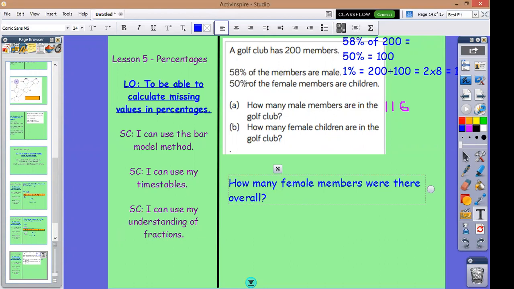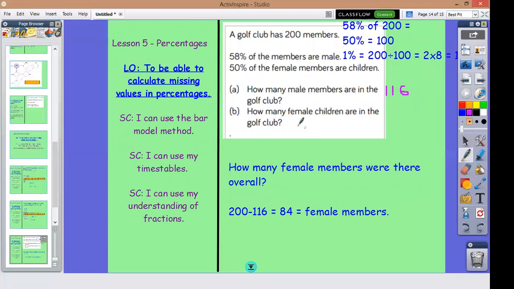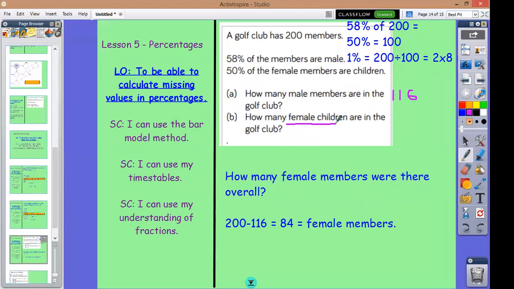So if I know 58% of the members are male and I know 116 is the number of male members, I can do this. I'm going to do 200 take away 116, which would equal 84. So now I know that 84 equal female members. Okay, but the question's asking me how many female children are in the golf club?